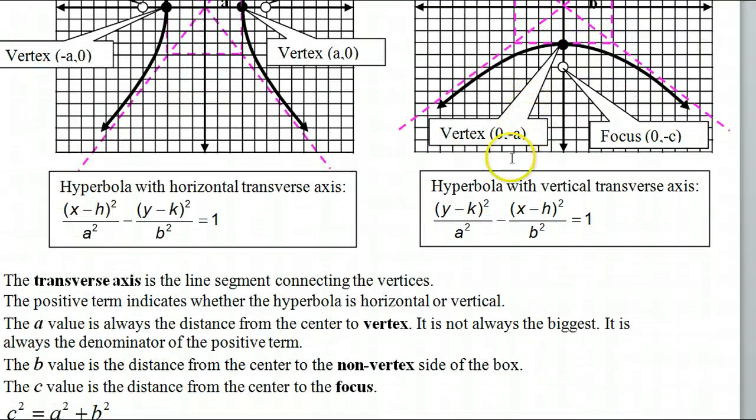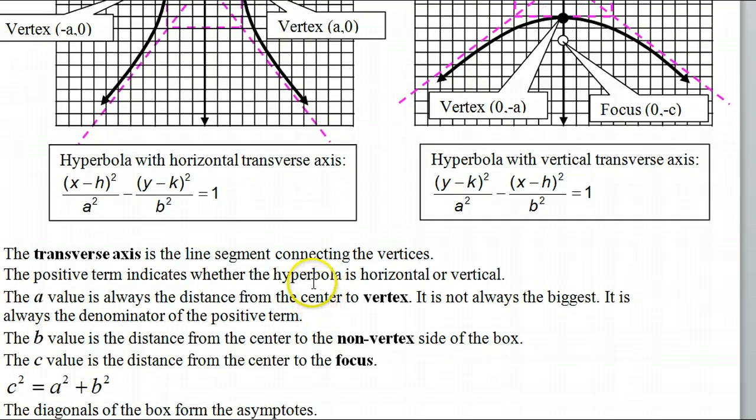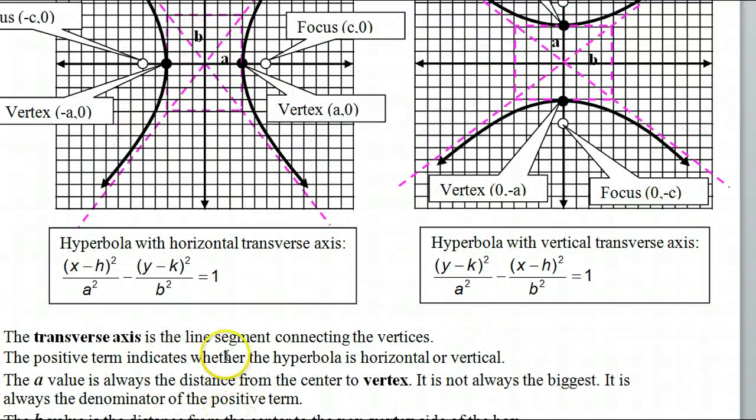Also, please notice that for hyperbolas, A is not always the biggest. The A value is always going to be where the vertex is. It's always going to be the distance from the center to the vertex. So if it's a sideways hyperbola, the A value will be sideways. Anyway, the point is it's not always the biggest. That's all you really have to worry about.